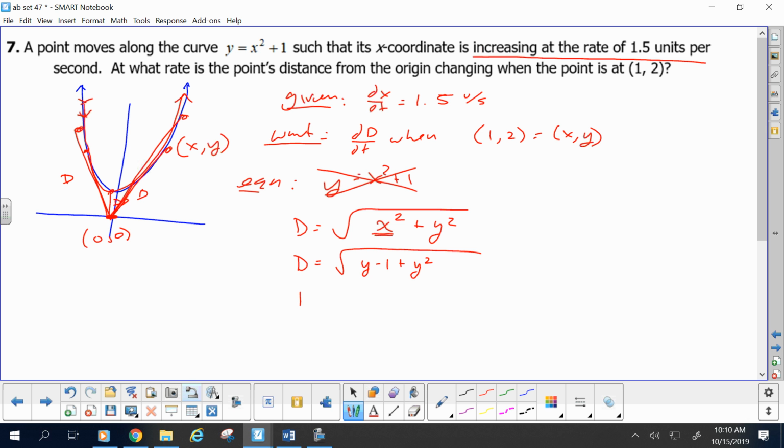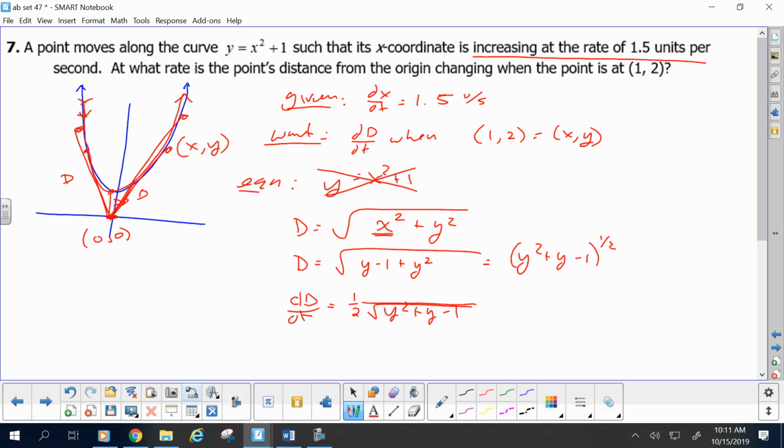Okay, so if I take the derivative with respect to time of (y squared plus y minus 1) to the 1/2 power, then what is the derivative to the left? 1 dD/dt, and the derivative to the right: 1/2 (y squared plus y minus 1) to the negative 1/2, which would mean a root in the denominator, yeah?